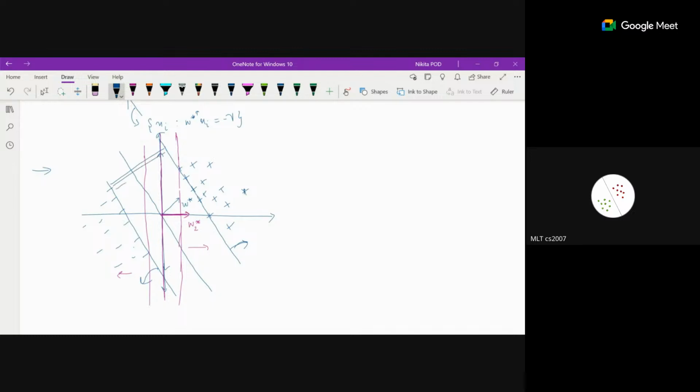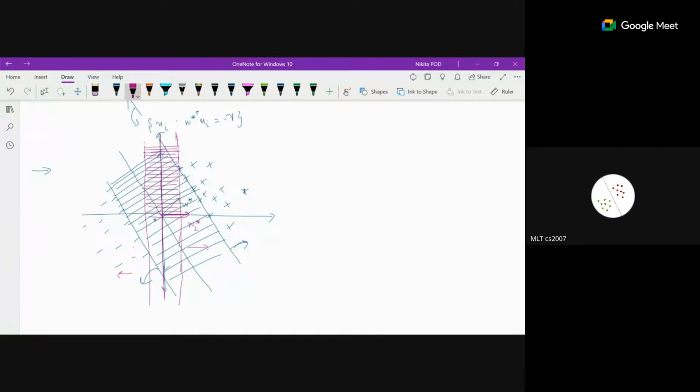This is the margin that my W star is giving, this blue shaded region. And for the W2 star, we got a slightly smaller margin. Right? This is the margin that we got, this pink shaded region.